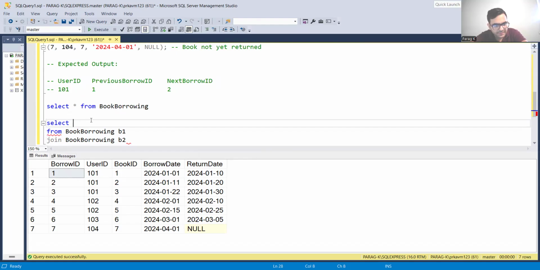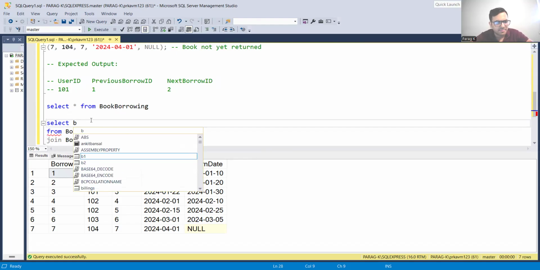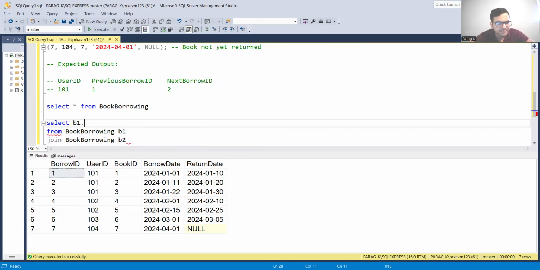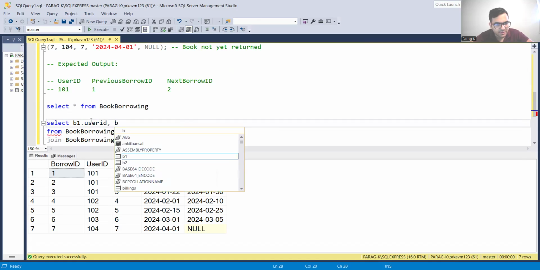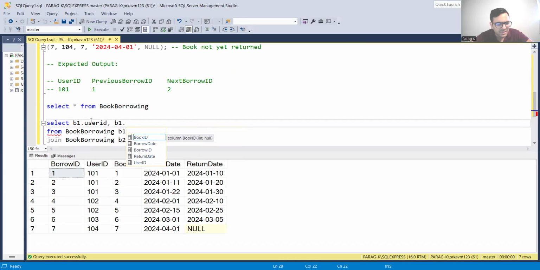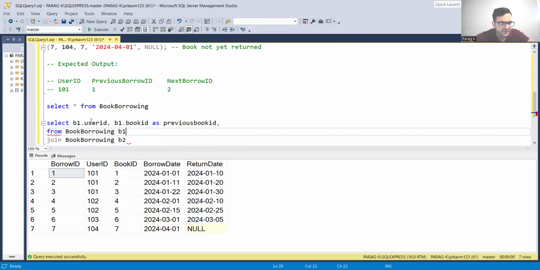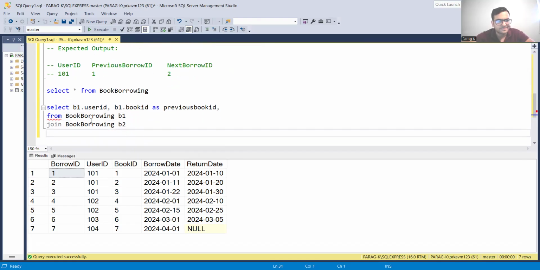So let me do something like this: B1 dot user ID. You have to give the alias here because it's important. B1 dot book ID as previous book ID. Then let's do something called, okay, let's leave it for now and see what we want here.